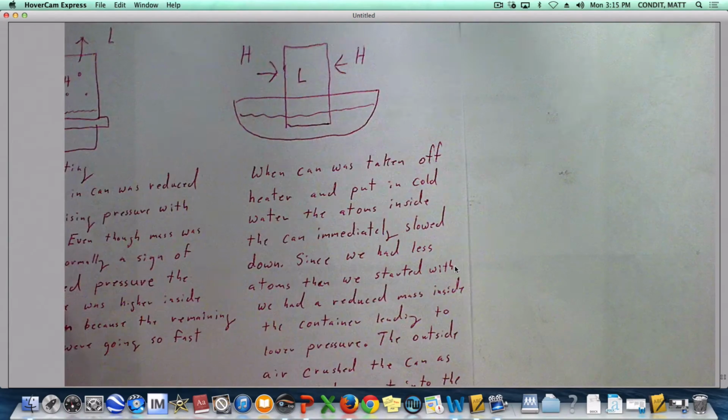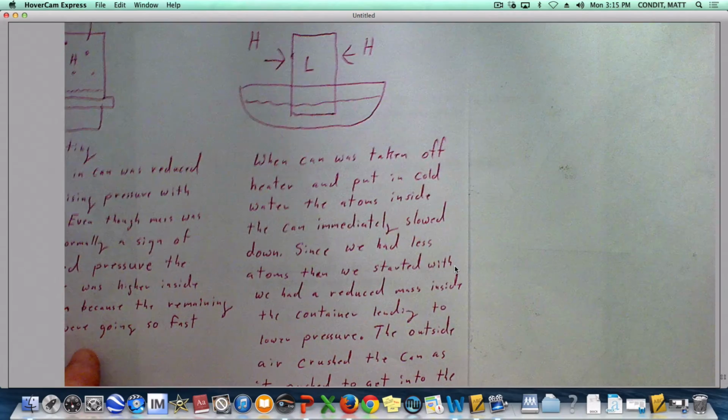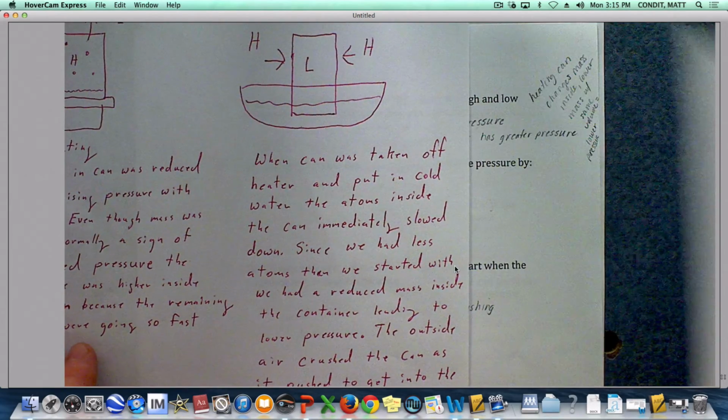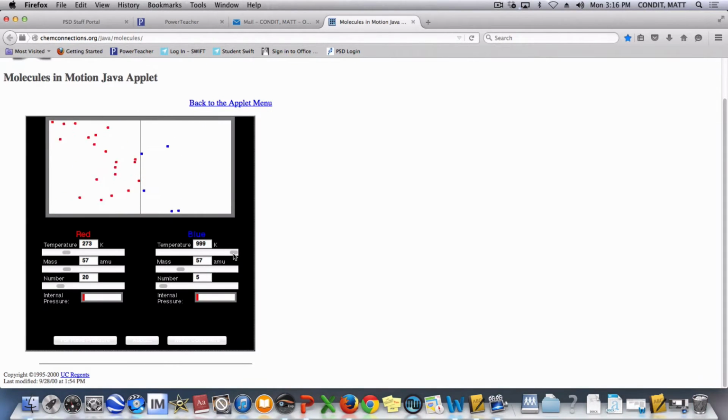Then we took it off the heat and we put it in this water bath. And what happened then was we basically put the brakes on the atoms that were in there. When it was on the heat, we had, as currently being shown, fewer molecules in the can, but going so fast that they were still under high pressure.